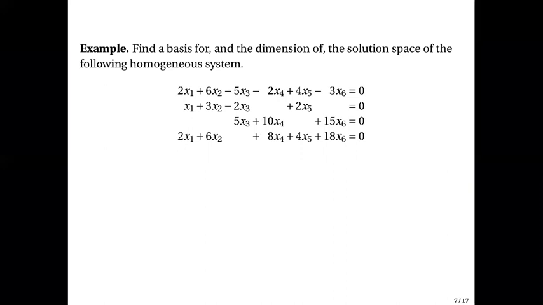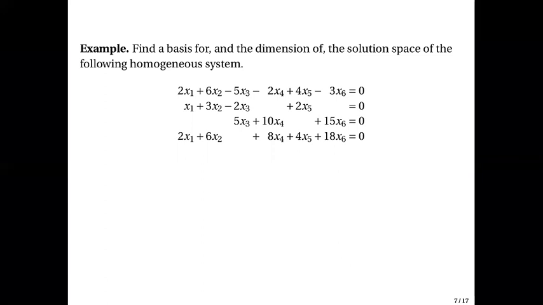Or maybe you get the matrix of coefficients and then the reduced row echelon form of that matrix. Let's use that one: we get the matrix of coefficients of this linear system, find its RREF, and then convert again to equations to get the solution space.